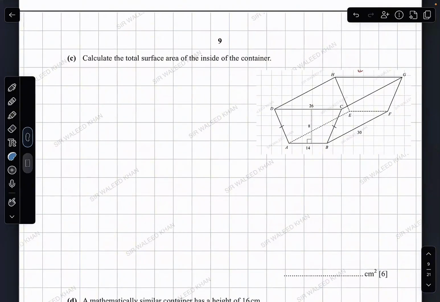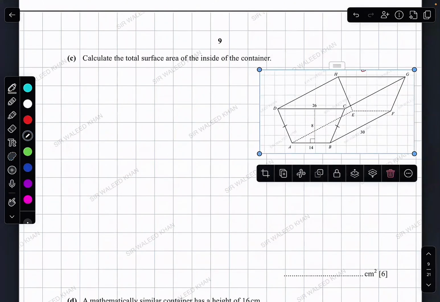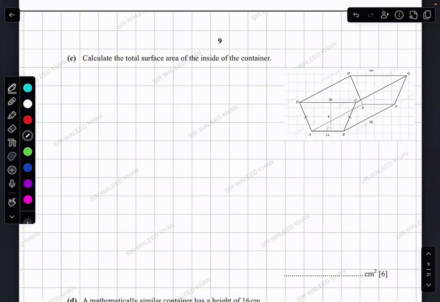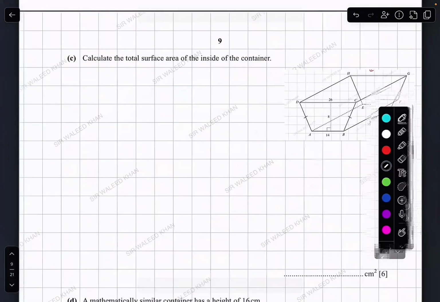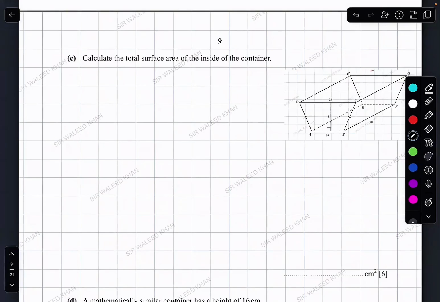Now, what do we have? First let me make a statement. Whenever you are dealing with such kind of mensuration questions, 2D, 3D, always make a statement so that you don't get confused later on. So the statement will be total surface area is equal to... Is there anyone who struggled with such kind of questions?